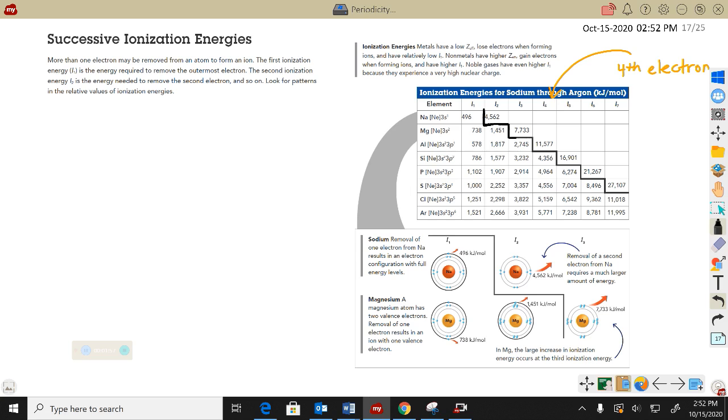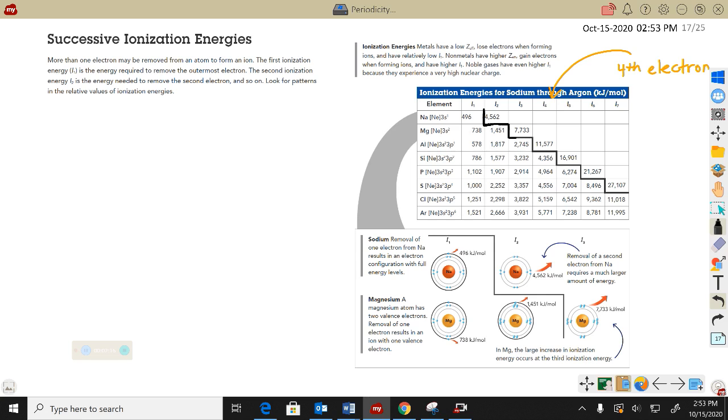Okay, so two things that I want to look at. Number one, I want to know why there is that staircase in there. And I want to know, for a particular element, it always seems to increase.